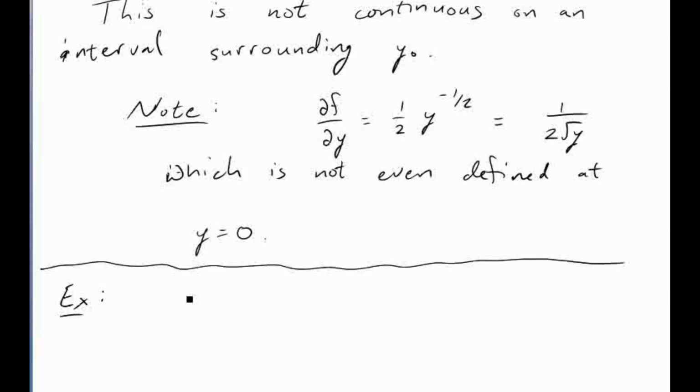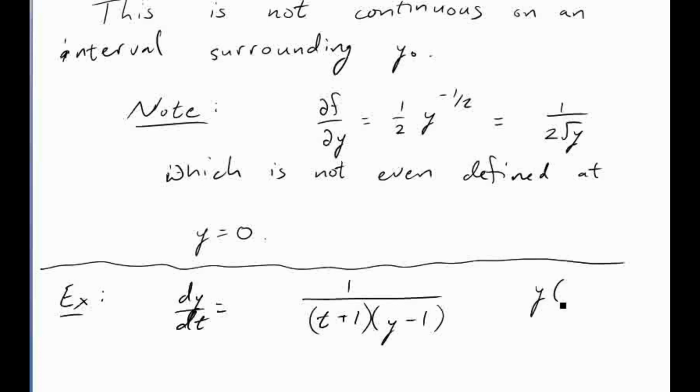Let's take one like this. dy/dt is equal to 1 over (t plus 1) times (y minus 1). And we need an initial condition, and we'll just say y of 0 is equal to -1.